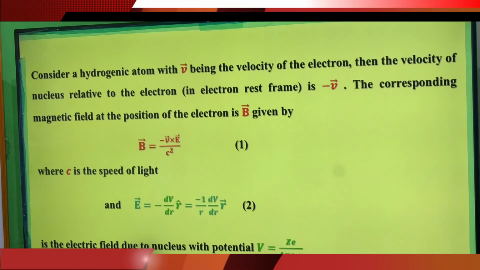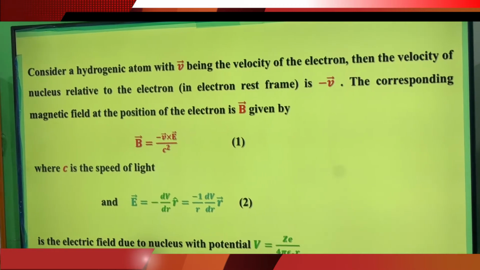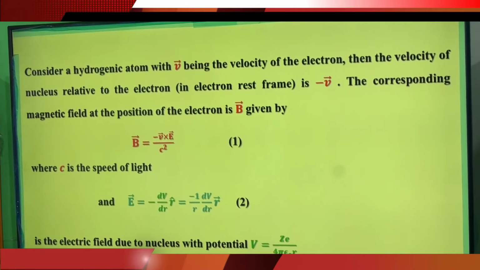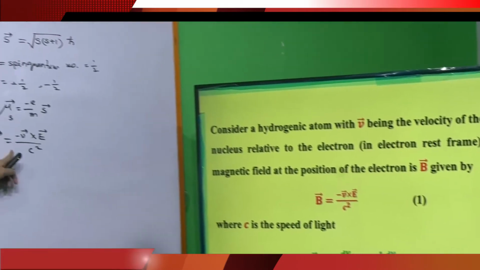The magnetic field is given by equation 1, an expression you see from electromagnetic theory.